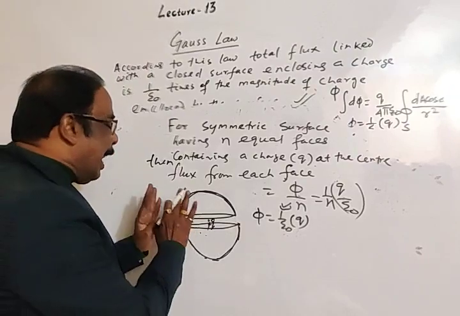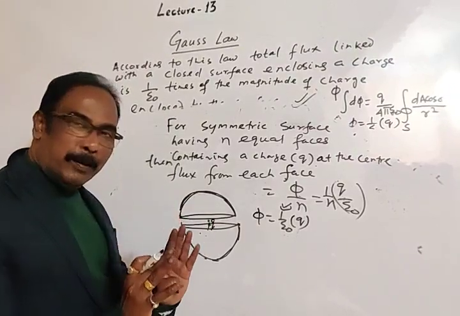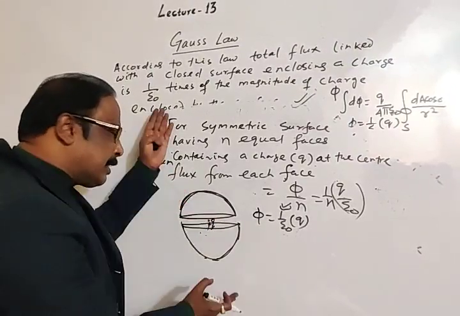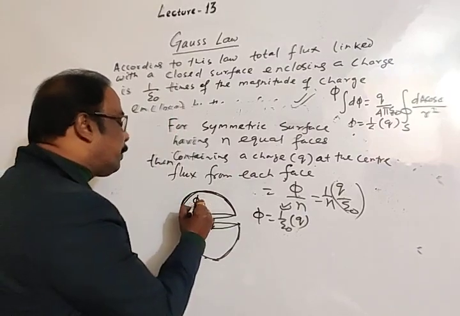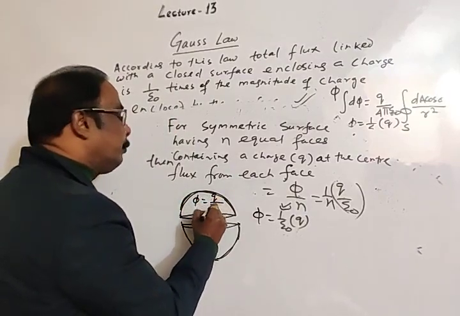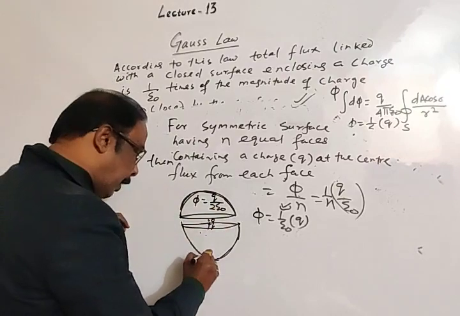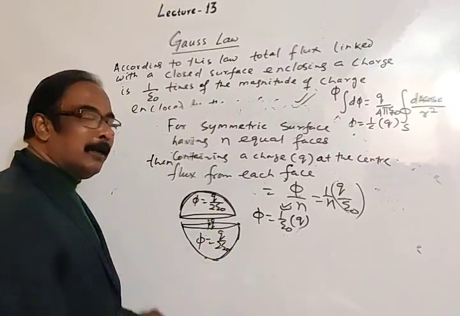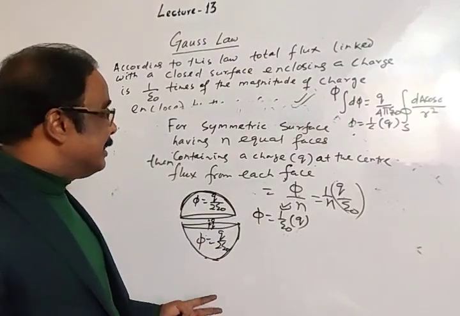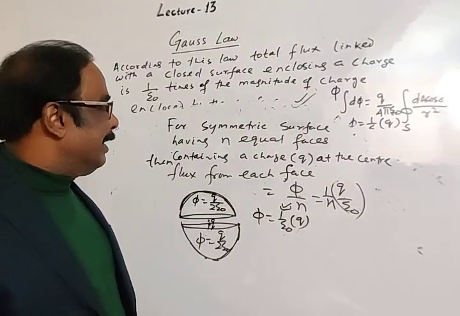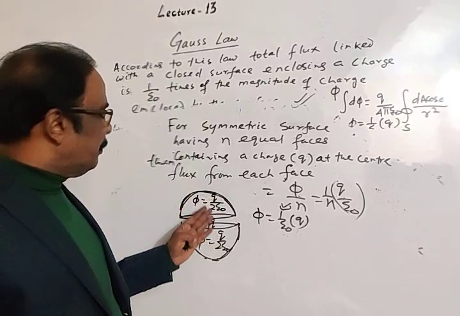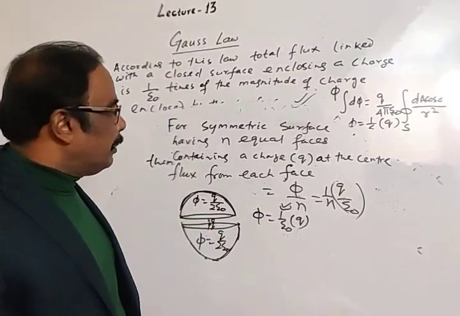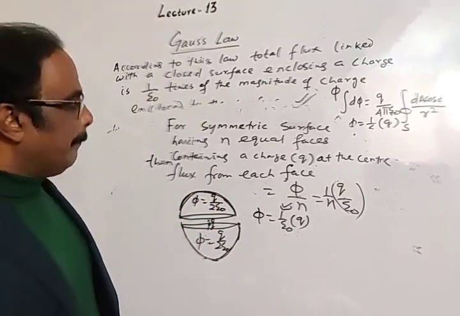Then flux from each hemisphere will be q by 2 epsilon naught, because the sphere is symmetric and flux is equally distributed for each face.